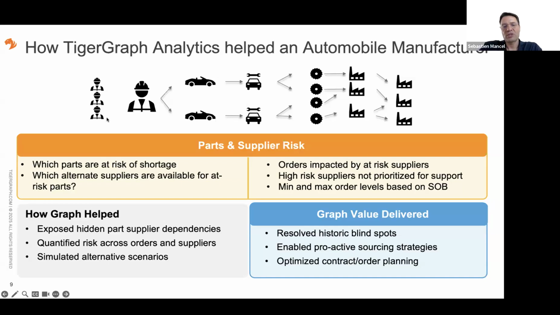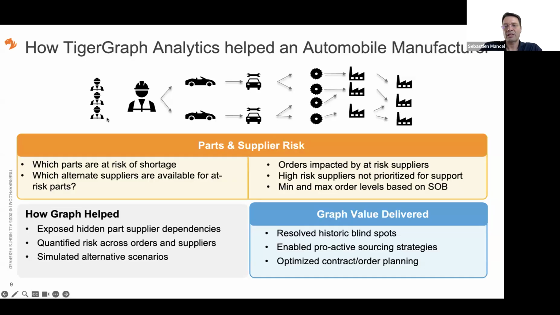They also needed to understand which orders were exposed based on their supplier risks, and whether high-risk suppliers were being inadvertently prioritized for support. So TigerGraph helped by modeling the full network of parts, suppliers, orders, and dependencies.